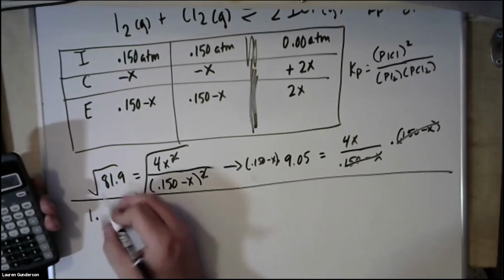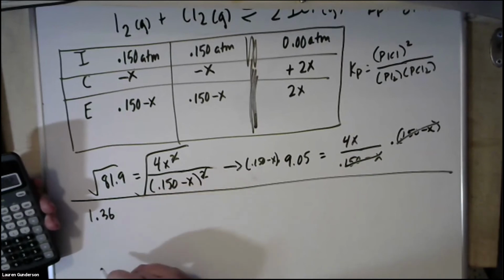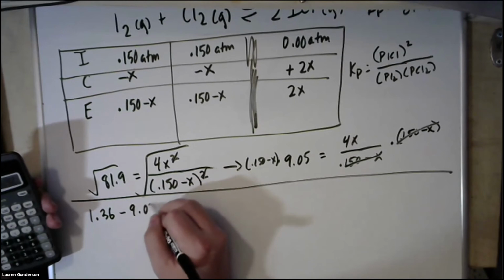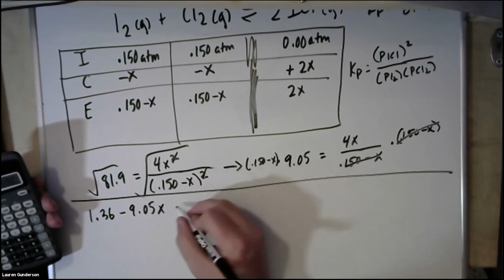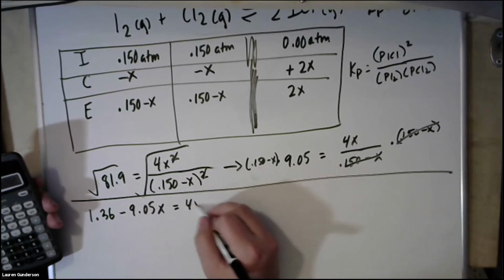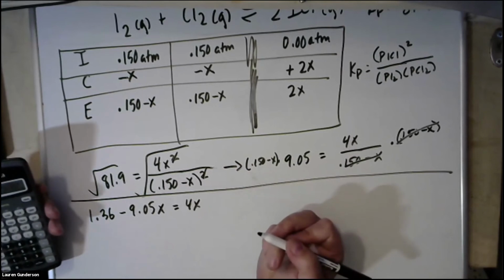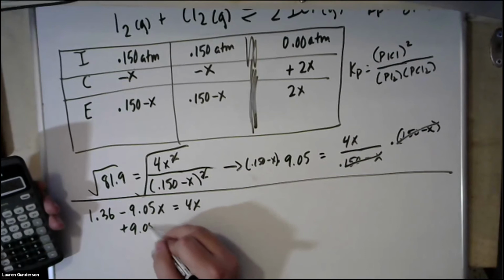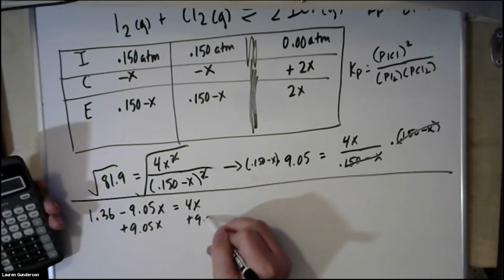So we end up with 1.36 minus 9.05x equals 4x. So let me add 9.05x to both sides.